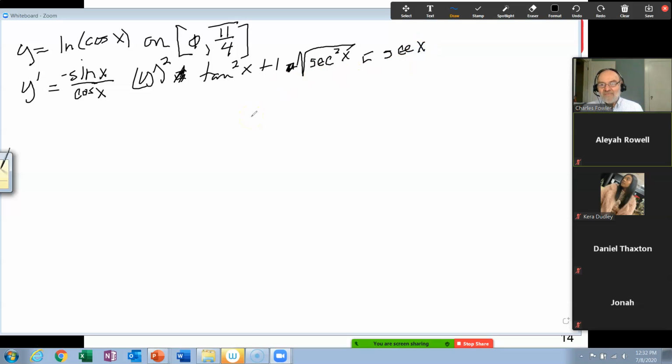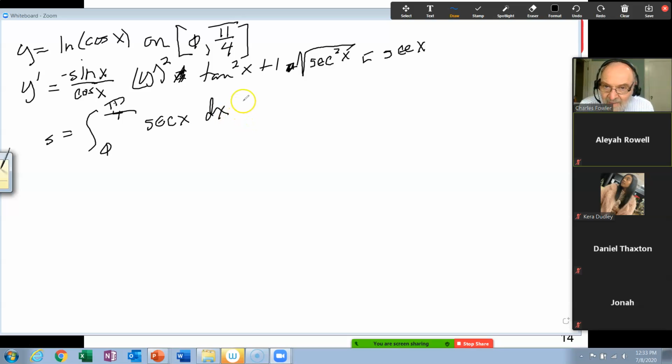So what we have here is the integral s is equal to the integral from 0 to pi fourths of secant x dx.